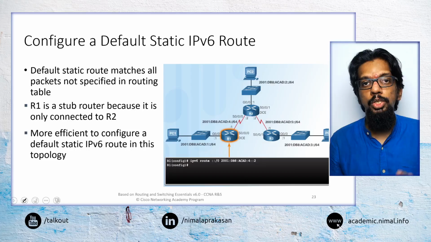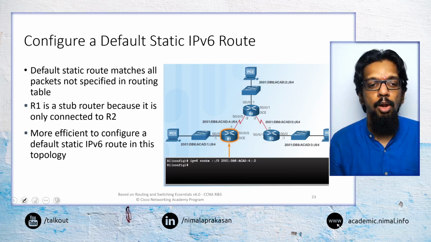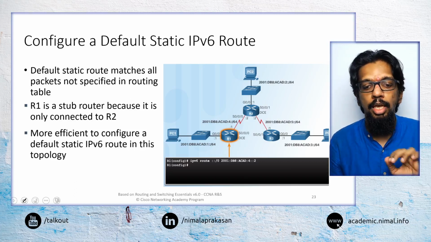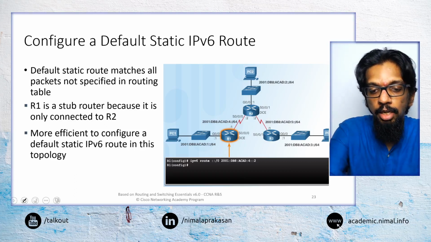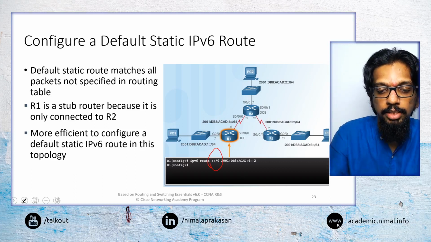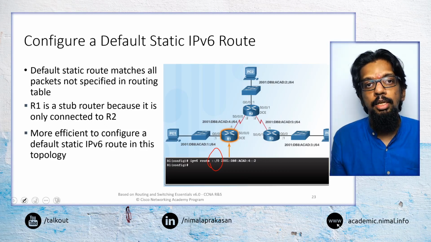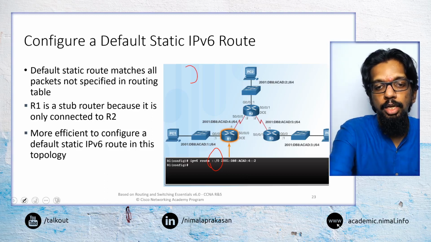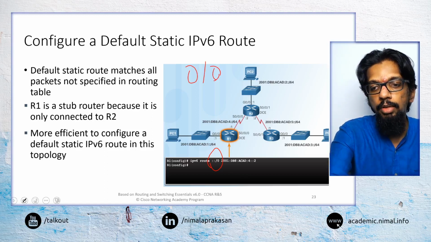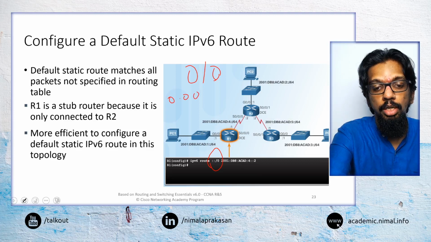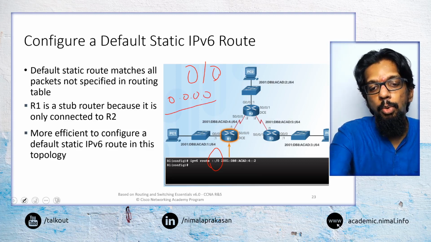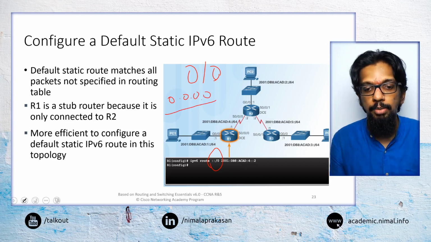Similarly, we can also configure a default static route in IPv6. Again, the commands are largely similar. The only main difference is how we specify the zero network. Like in IPv4, we specified the 0/0 network, which was 0.0.0.0 for both network and subnet mask.